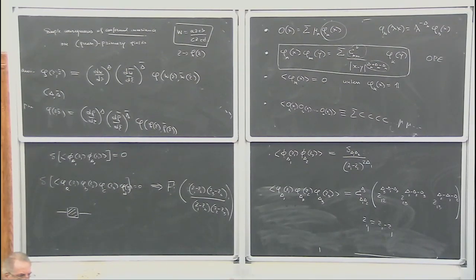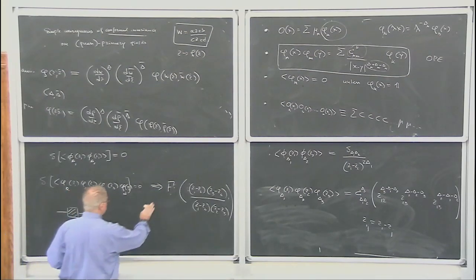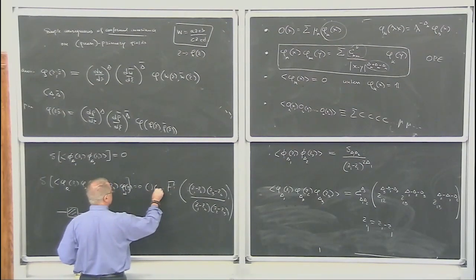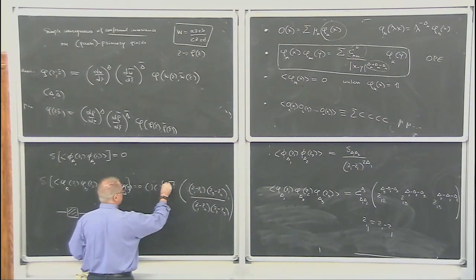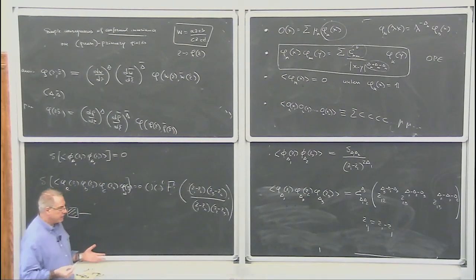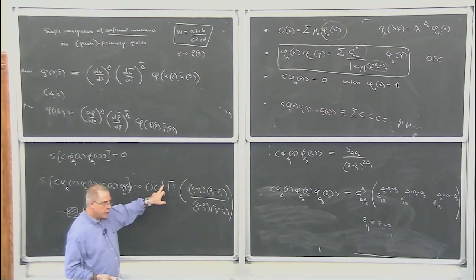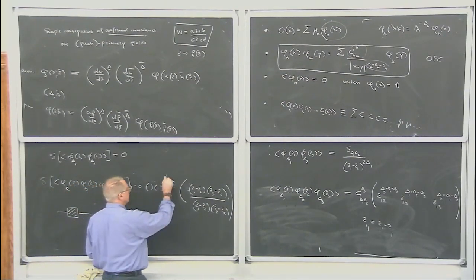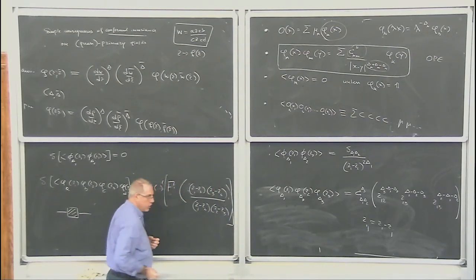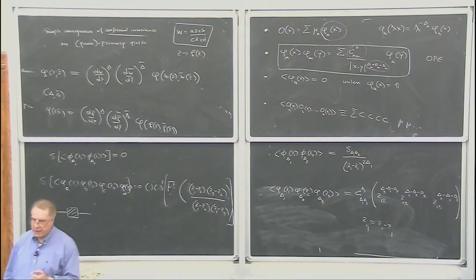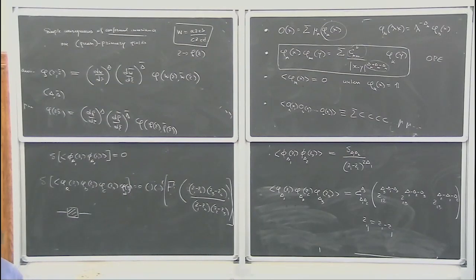So the result for 4 points and higher point functions is that, apart from some trivial prefactor, which is just a question of how you parameterize the function, the non-trivial part is encoded into a non-trivial function, but this function should depend only on the invariant quantities of the group. Okay?